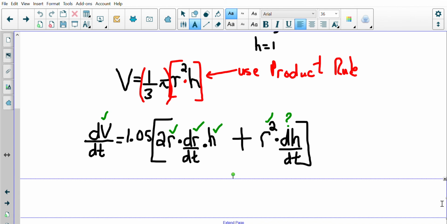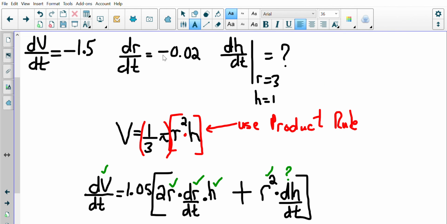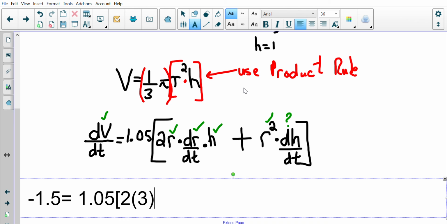All right, so dv dt, again, was negative 1.5 equals, I've got that 1.05 sitting there. Let's go with the square brackets. 2 times r, and r is 3. Dr dt is negative 0.02.